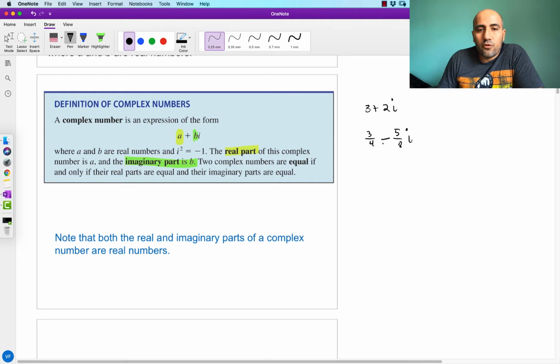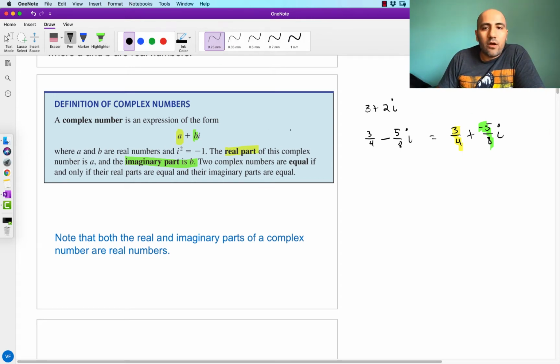In this case, of course, we know that we have to rewrite it as an addition. So this would then be rewritten as 3/4 plus -5/8 i. And now we have that the 3/4 is the real part and the -5/8 is the imaginary part of our complex number.